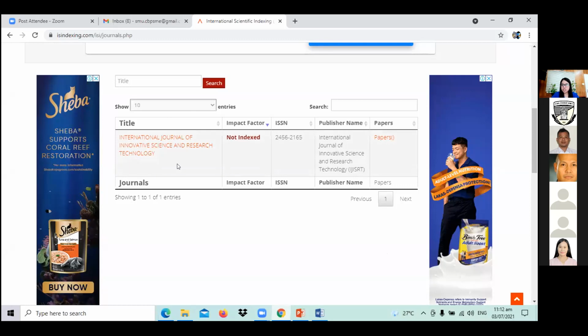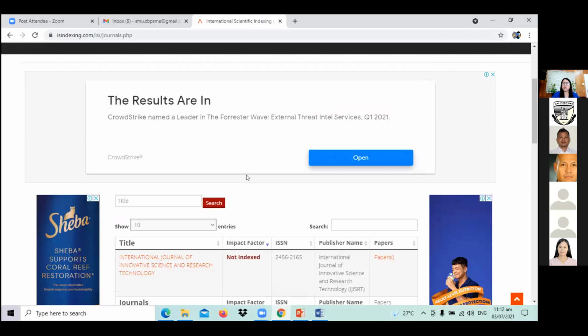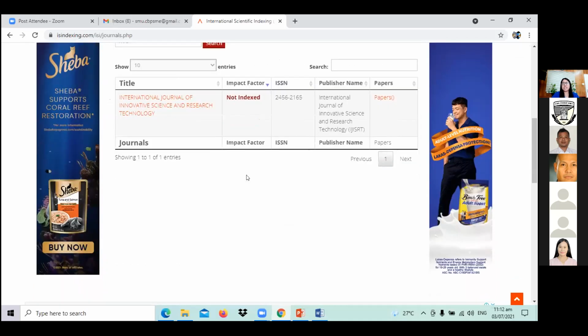And when he messaged the journal or the publisher to appeal, or to verify if it's really indexed, he did not receive any reply. So that's one example. It means that it is possible that this is not a reputable journal. So it is also possible that this is a potential predatory journal.